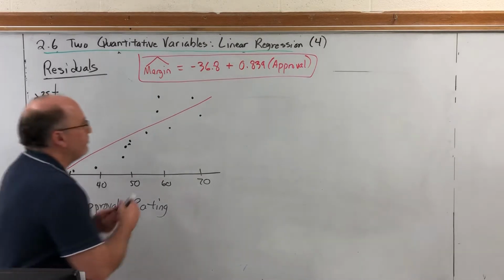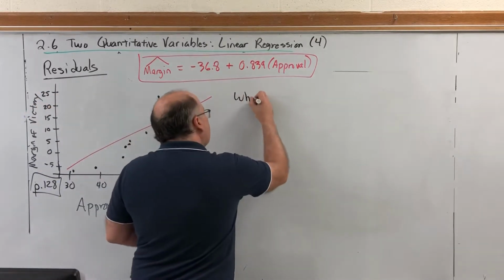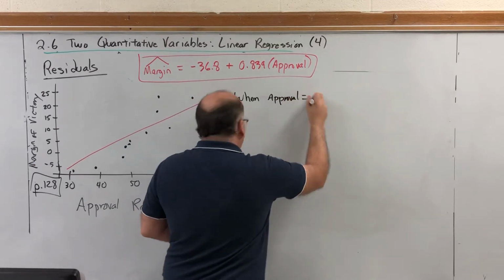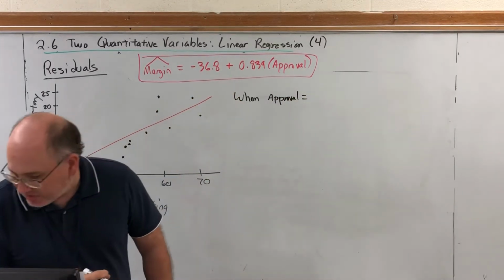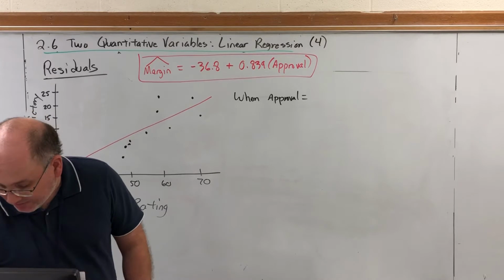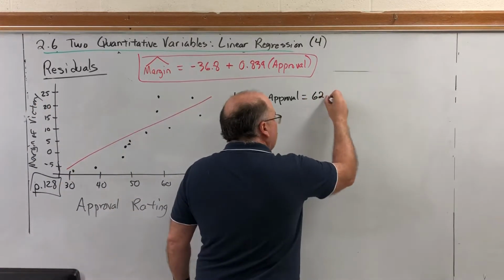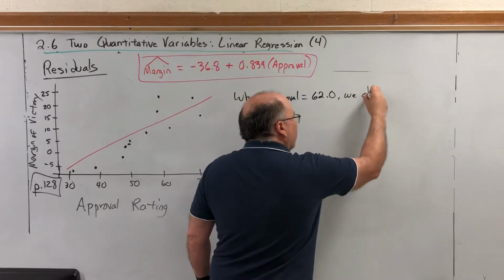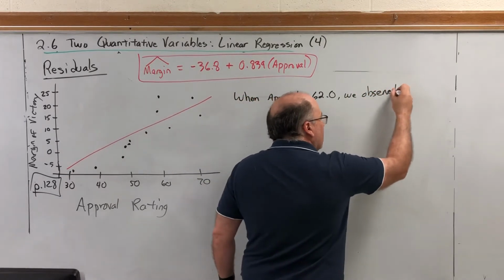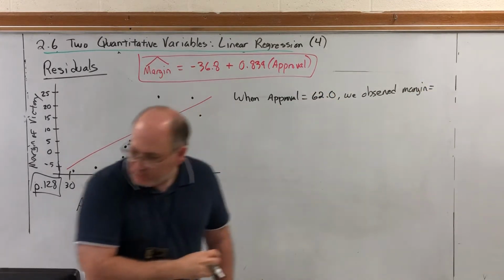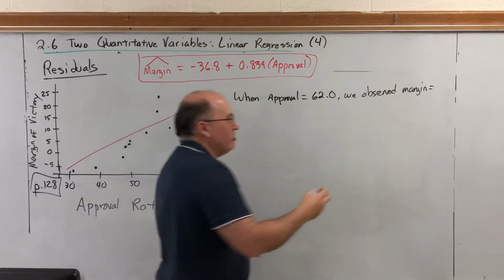For example, and I'm grabbing some of the data off of page 127, when the approval rating was 62.0, we observed a margin of victory that was equal to 10.0.